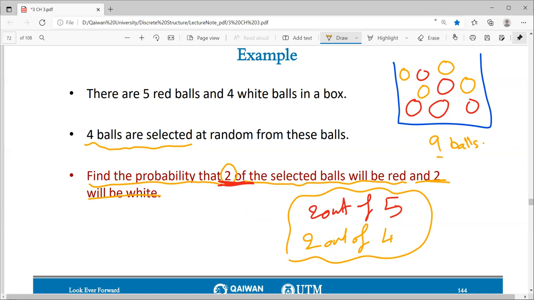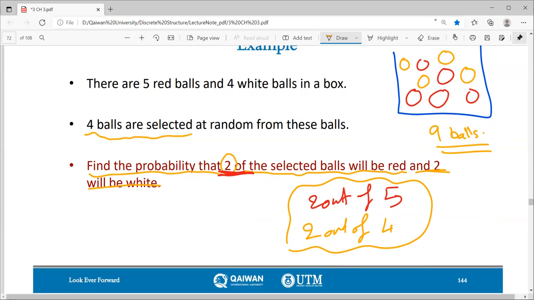We take these 4 balls among 9 balls. Here the total number of balls is 9. We take 4 balls from these 9 balls. How? 2 from the red ones and 2 from the white ones.